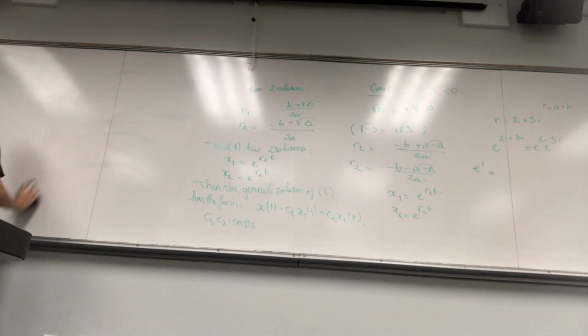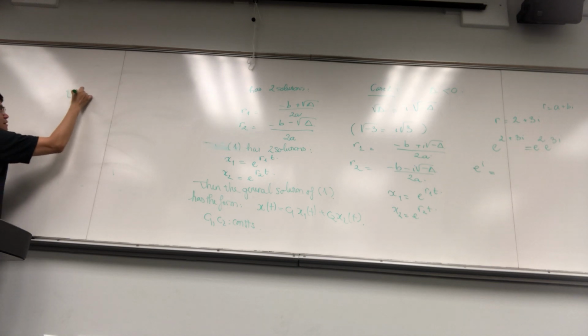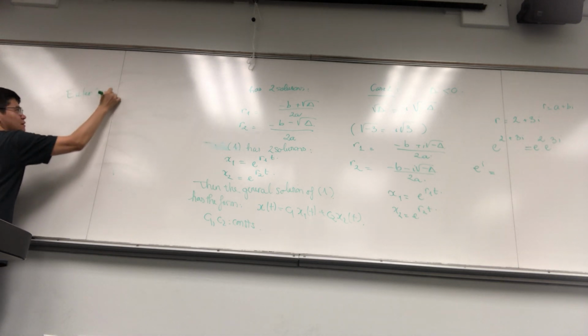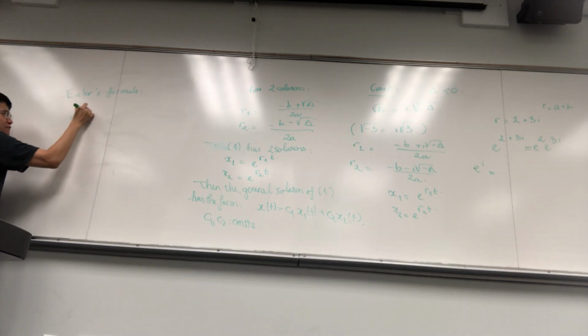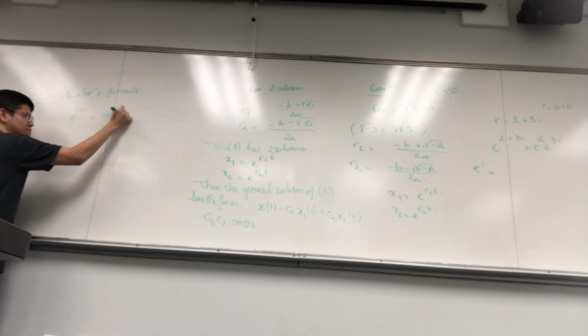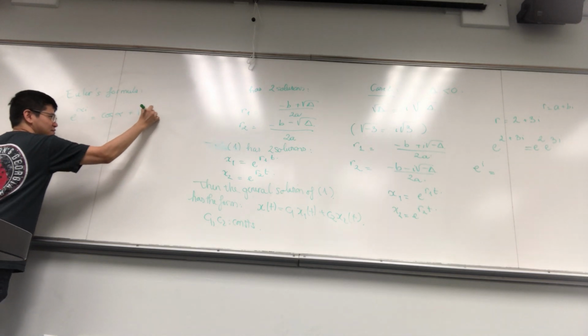This is Euler formula. So if you have e to the alpha i, this is going to be cosine of alpha plus i sine of alpha.